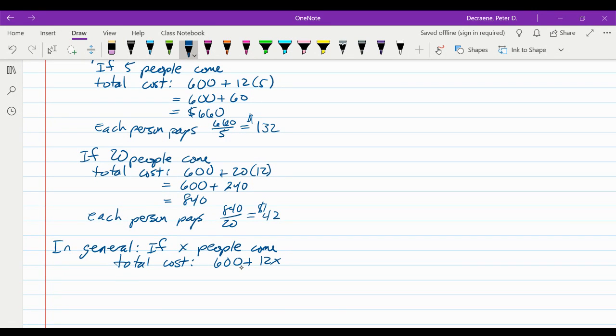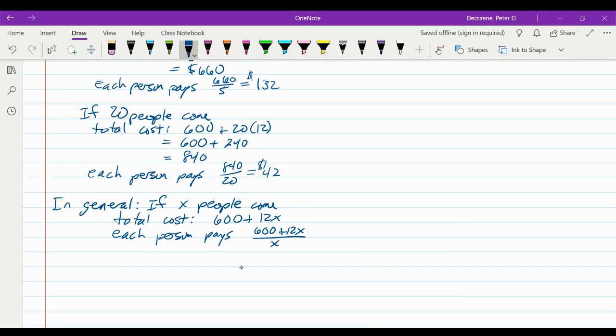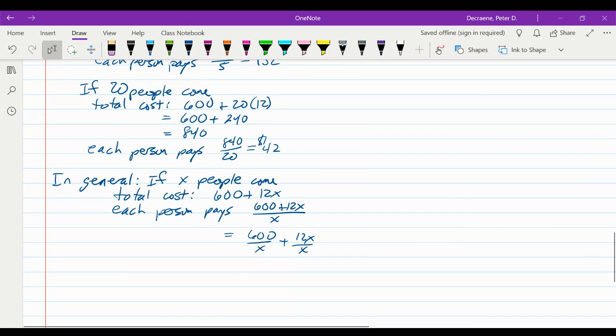The cost per person: each person pays that $600 plus $12 per person, and we divide that up among all x people who come. And remember, we can distribute division, so we can write this as 600 divided by x plus 12x divided by x. So it's 600 divided by x, plus 12, because 12x divided by x is just 12.